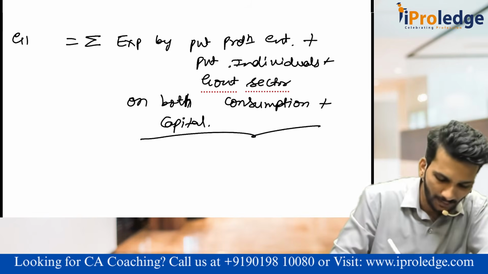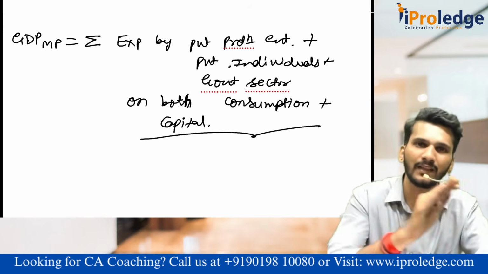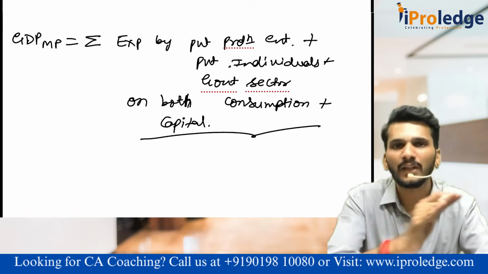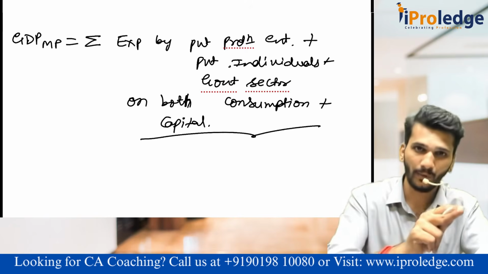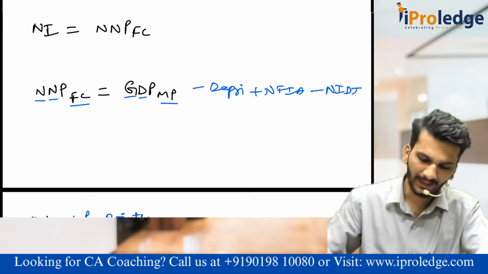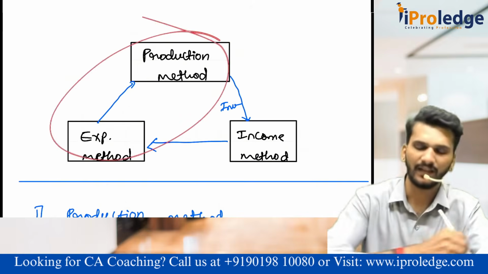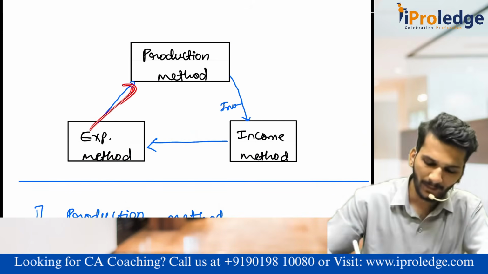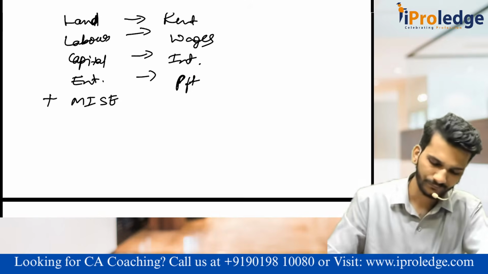Again I get GDP at MP, gross domestic product at market price, because it is on the consumption of goods and services only, nothing else. Under the income method it is totally different. Under the production method and expenditure method, even if you look at the triangular diagram which we just drew, these two are interlinked. Expenditure is made for the consumption or production of goods and services. The same thing we get here.